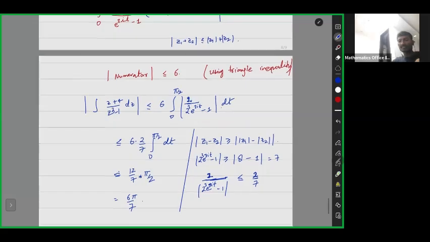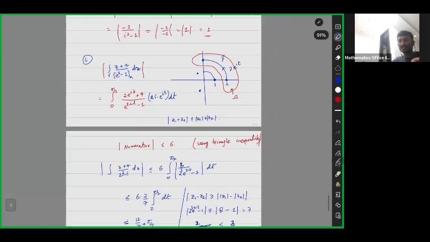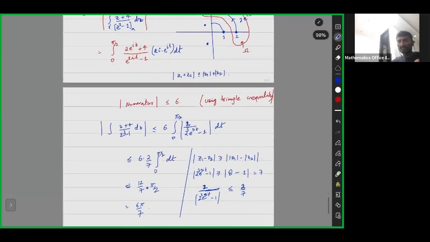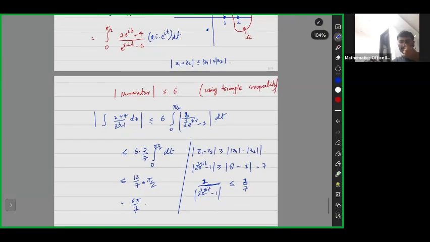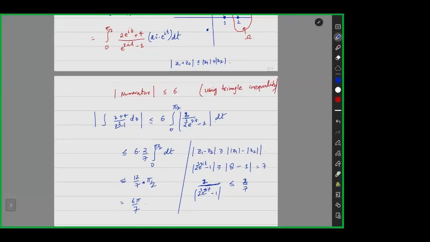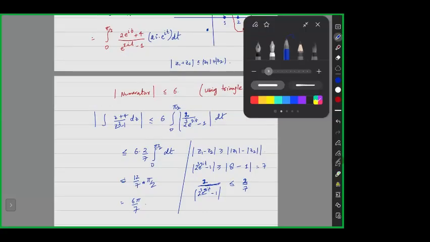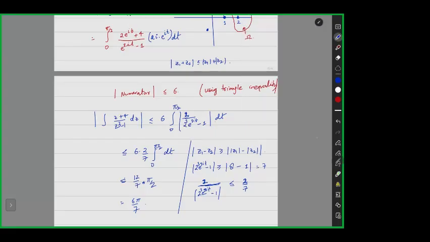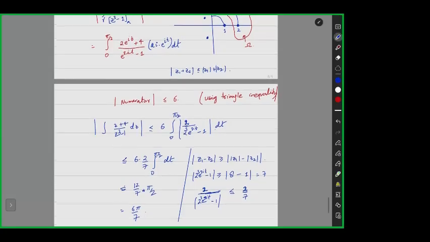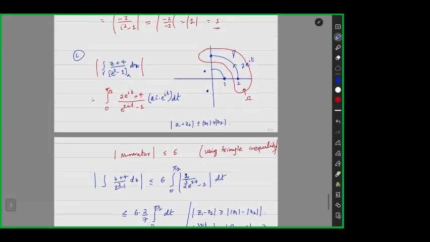Do you understand? Tell me where you don't understand. We have to use the inequalities cleverly, right? I tried doing it by brute force, but I could not find the exact number. Maybe it comes into tan inverse and all those things I was trying.